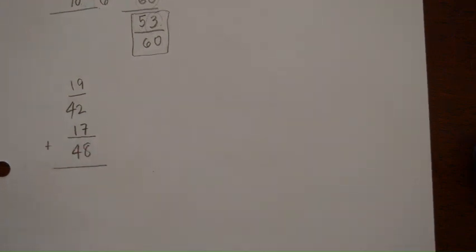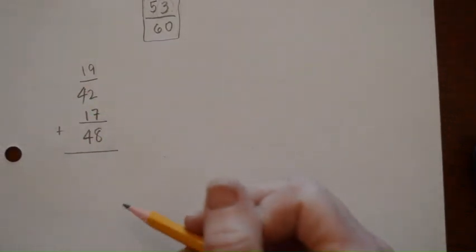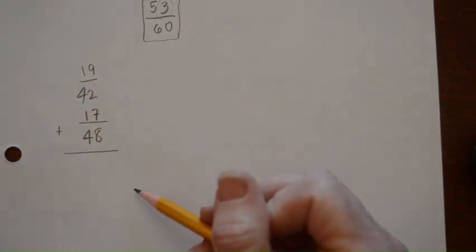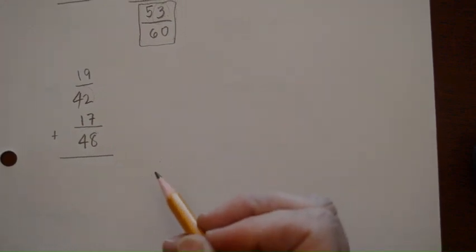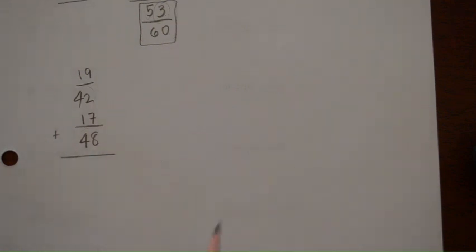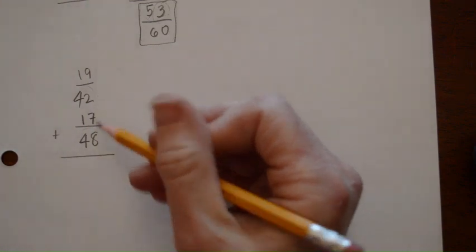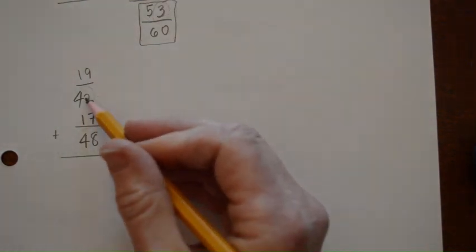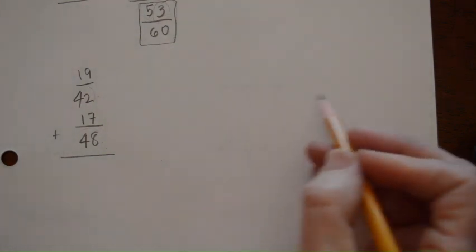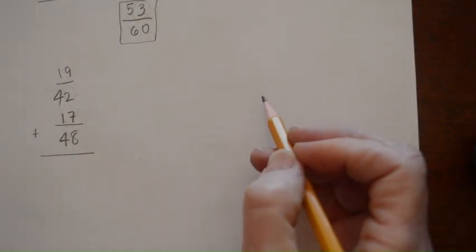Second of all, I don't know my 48s. I don't know my 42s, so would I even recognize a multiple of 42 in that list of multiples of 48? All right, so we need a different strategy that we can work with when we end up with numbers that are big like this. Again, you could always multiply them together, but that's going to make it harder for you to simplify in the end, so sometimes it might make it a little bit easier to do an extra bit of work here.